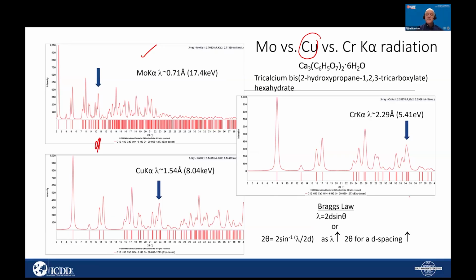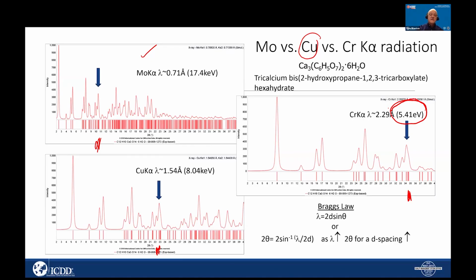For chrome radiation, a much higher 2 theta, and copper radiation, the 2 theta is somewhere in between. With moly, you tend to have a little less resolution. Chrome, you have much better resolution. And then copper is somewhere in between. But the problem with chrome, being a lower energy, means that you have more attenuation of the chrome K-alpha X-ray just due to the air path that the X-ray beam travels in your diffractometer.